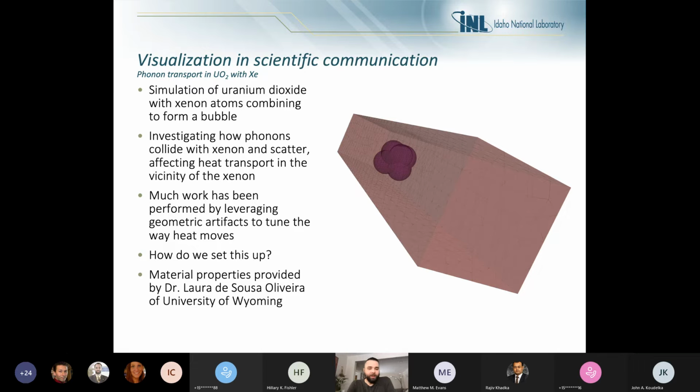We're going to talk about how we simulate heat transfer and thermal conductivity in uranium dioxide with xenon defects. Xenon, as I said earlier, is essentially the chief cause of why thermal conductivity in UO2 decreases over time.